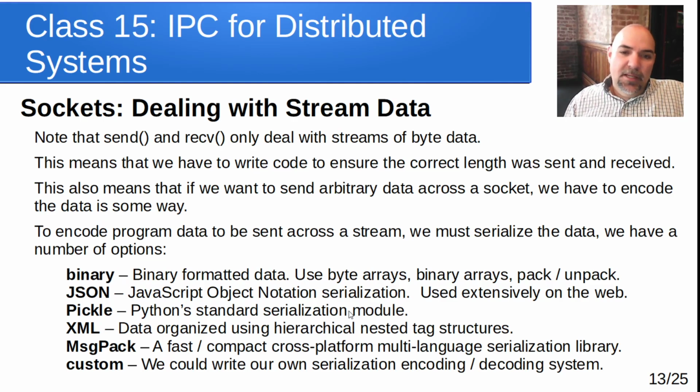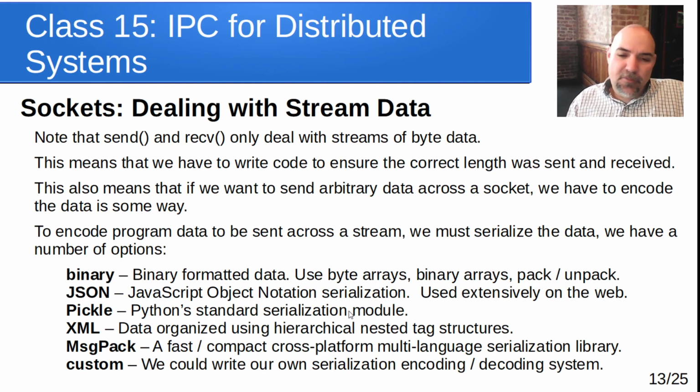All right, now, dealing with stream data, send and receive only deal with streams of byte data. Meaning that if we want to send more complicated binary data or something that's structured in some way, like data for our game server that has the player code and the world code, or maybe you want to send something like a texture image to update something in the game, then we have to have a way to encode that.